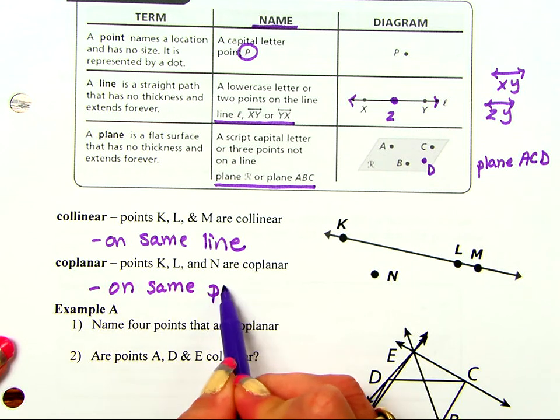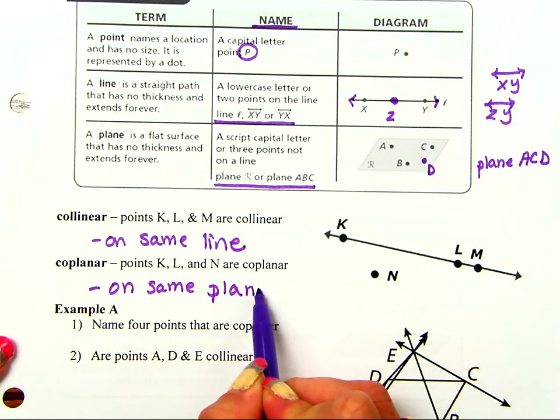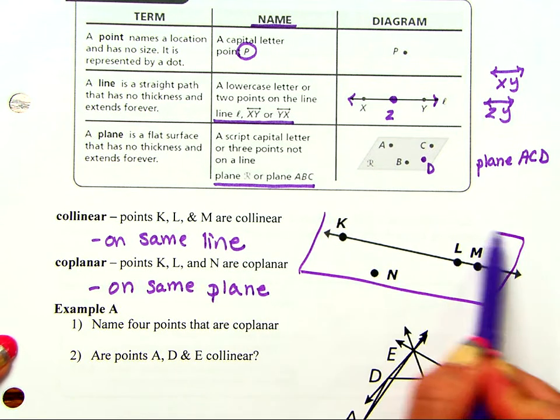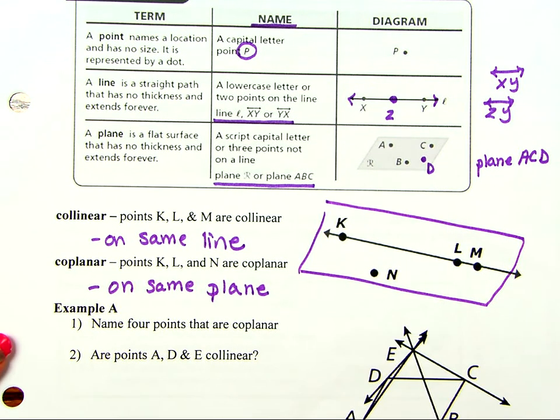Here they tell us that K, L, and N are coplanar. And in our textbook, sometimes they would have my plane sketched around it as so. I will point out if I wanted to name that plane, there's no script letter, but I could just simply call it plane KLN. Typically, I wouldn't pick the 3 points that are in a line to name my plane.